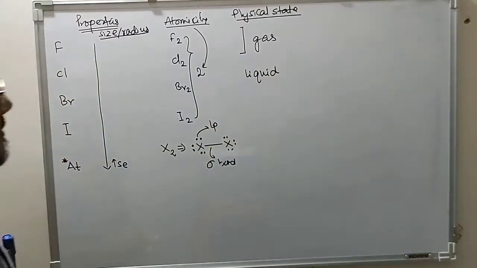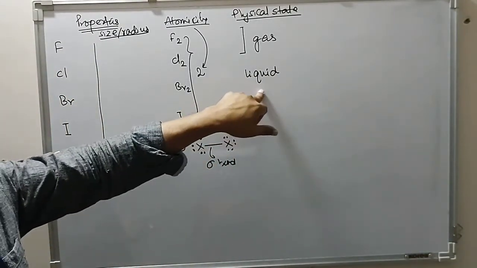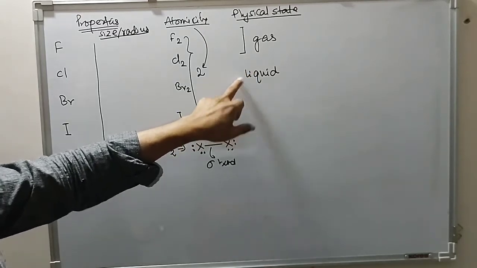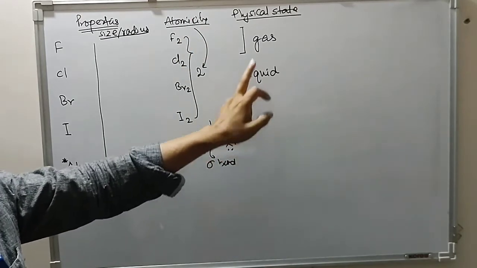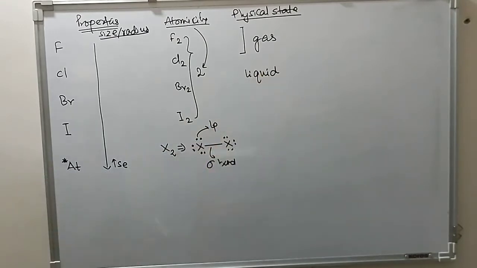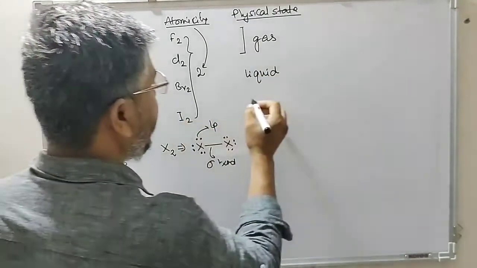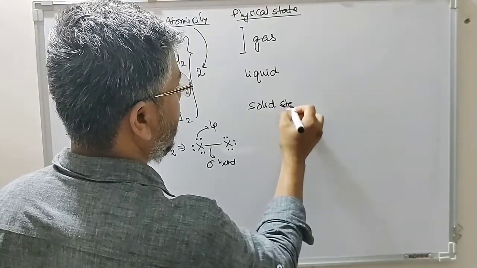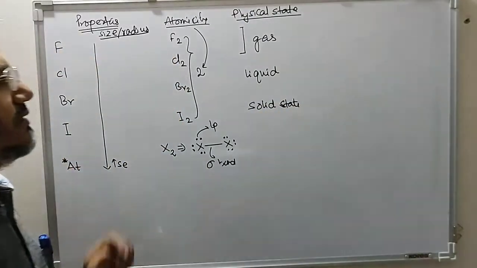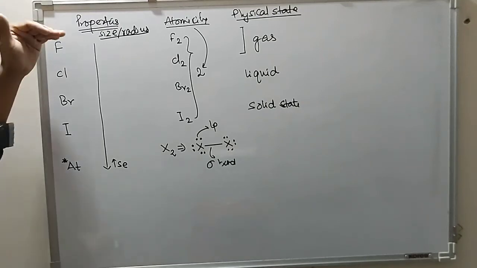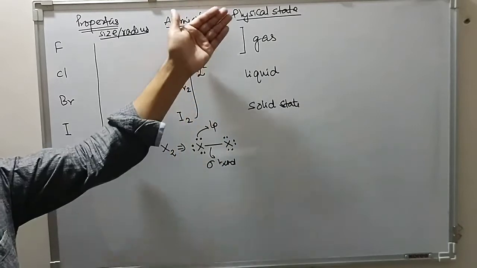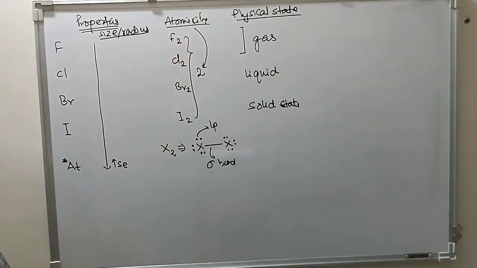Mind it, bromine is the only non-metal that exists as a liquid at room temperature. Iodine exists in the solid state. So moving from fluorine to iodine, the physical state changes from gas to liquid and liquid to solid state.